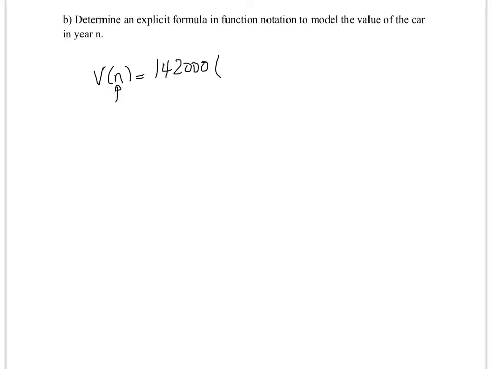Now, the value depreciates: when it starts it is 100%, then every year it goes down by 11.5%, so it's going to be (1 - 0.115)^n, which is going to be 142,000 times 0.885^n.